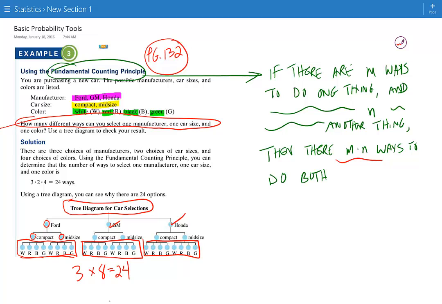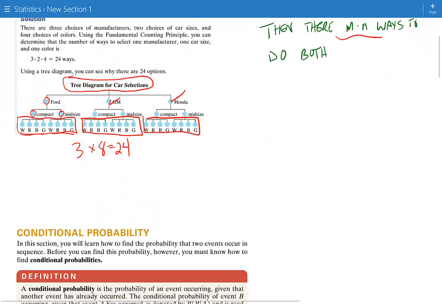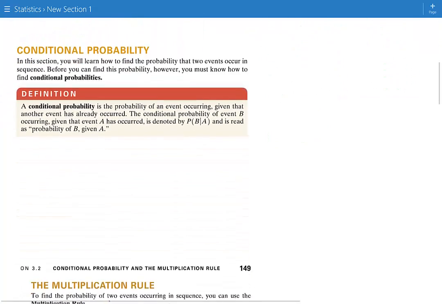So that's a basic example, and in the chapter content you'll see a lot of tree diagrams as ways to understand various probability concepts, and that's because it's easy to see. Now for certain problems there are too many permutations, so you wouldn't use a tree diagram, you would rely on the formula itself.